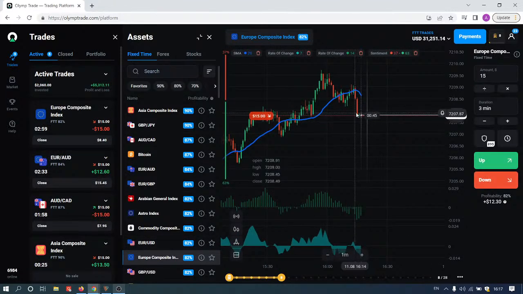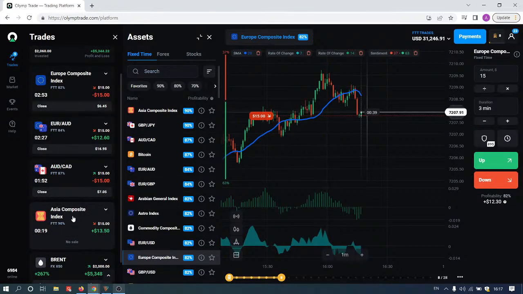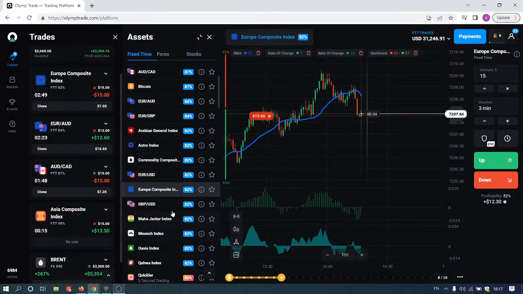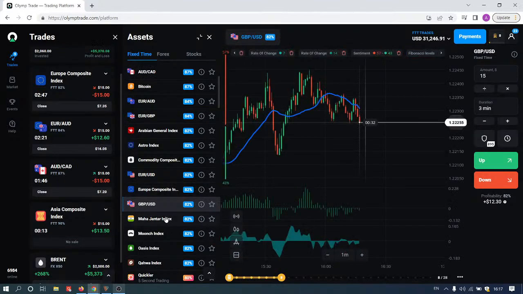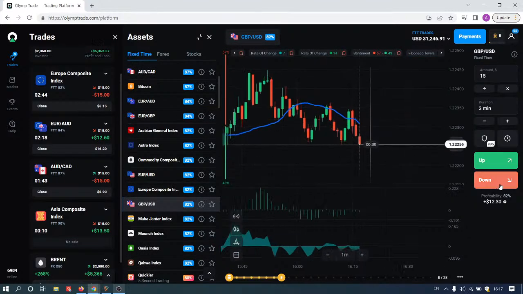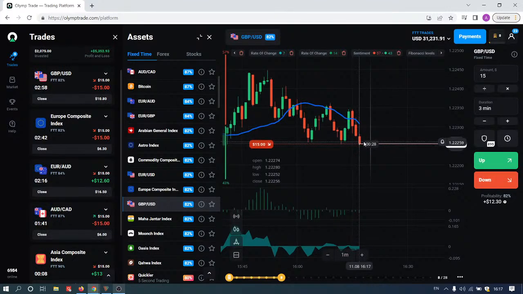Yeah, let's give it a try. It's dropping pretty fast, so I will be joining this. I will be selling into this strong momentum. So let's see. And let's try this breakdown trade on the cable.